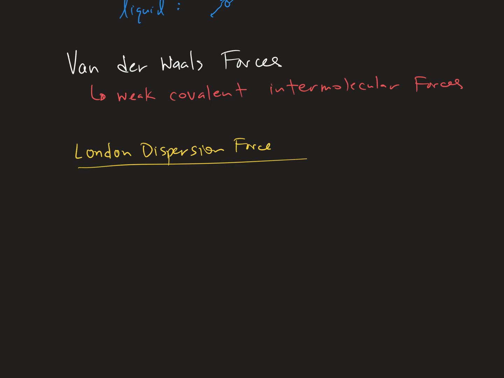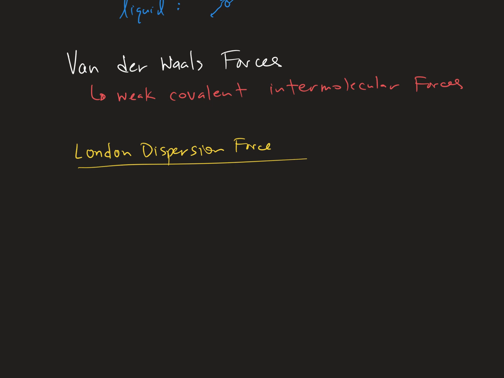How do you tell if a compound has London dispersion forces? Well, all of them do. All molecules, all covalent compounds will have this London dispersion force. But when we're talking about intermolecular forces and properties, the stronger intermolecular forces will determine the properties more so than the weaker ones.